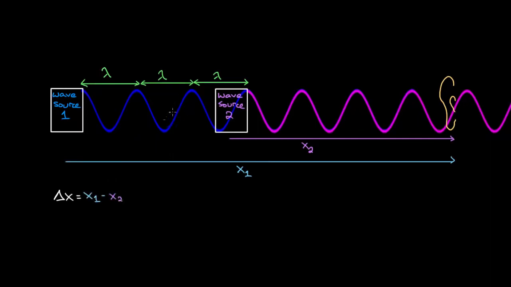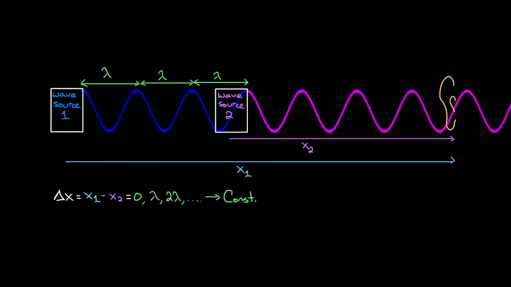And given what we saw up here, if this path length difference is ever equal to an integer number of wavelengths, so if it was 0, that was when they were right next to each other, you got constructive. When this difference is equal to 1 wavelength, we also got constructive. When it was 2 wavelengths, we got constructive. It turns out any integer wavelength gives us constructive.